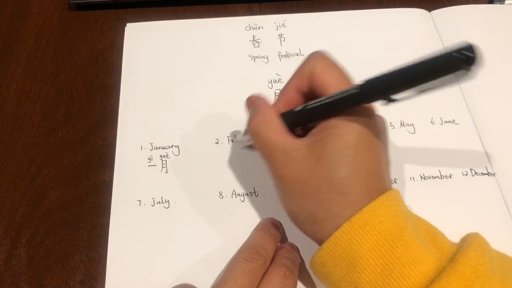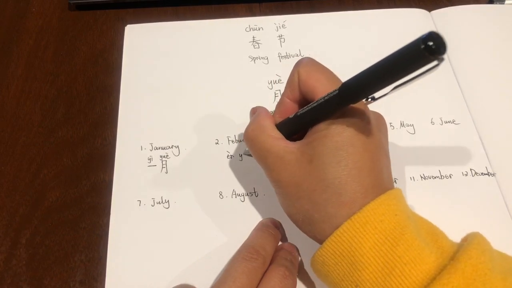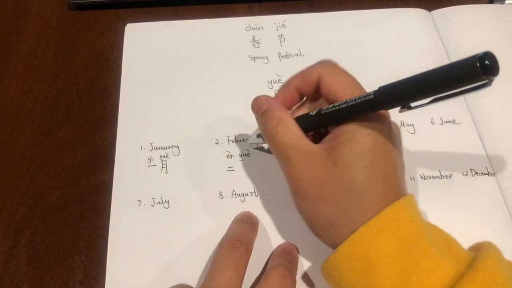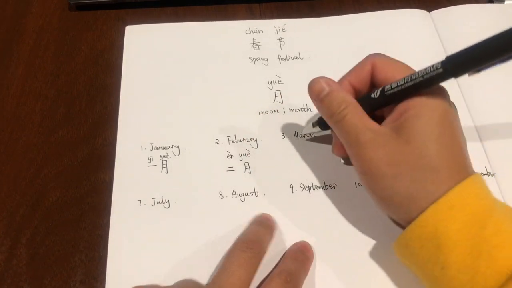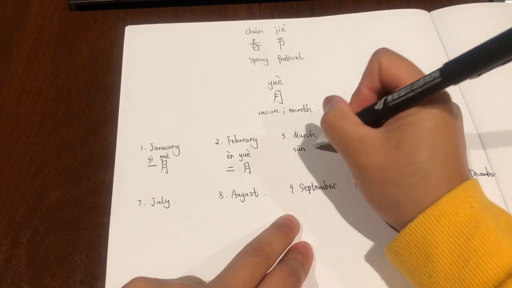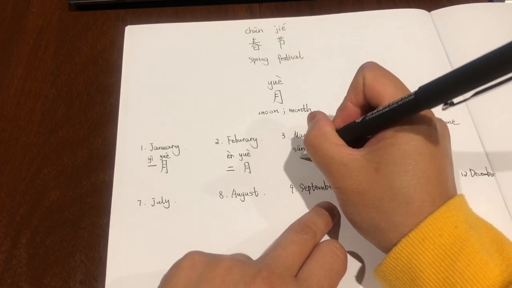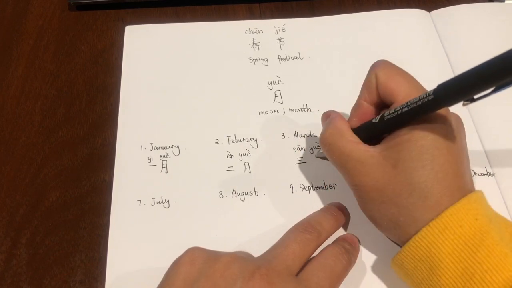Then we go with the character 2, right? 2月. 2 month, which is February. March, 3月. The character for sun, 1, 2, and 3 月.